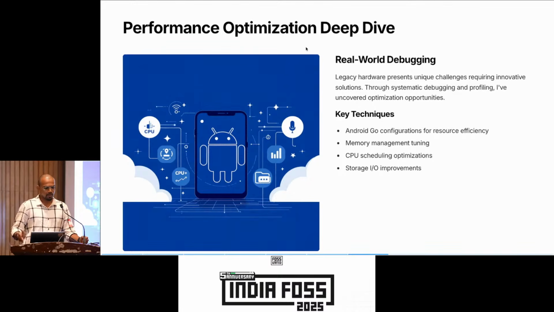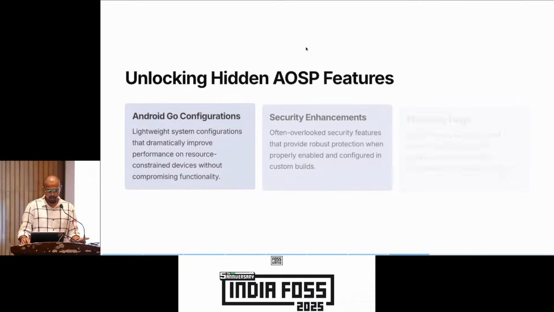To go with the flow, you have to keep updating your kernel or adding backports. So I just updated the kernel, and with some CPU scheduling and storage optimizations, I was able to do it. I basically disabled almost all the services on the phone. Of course, Lineage disables most of the things, but even after that, you can disable your device side and vendor side things, and by doing that, you can get good performance.